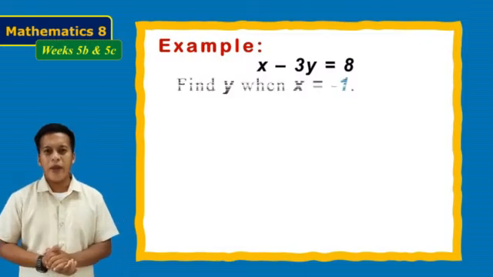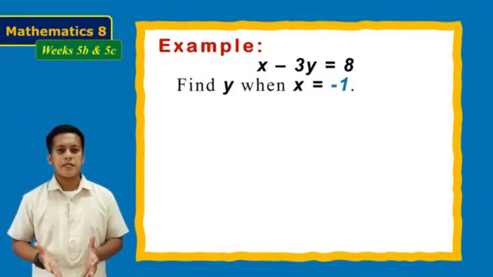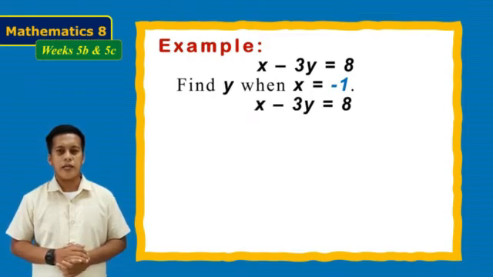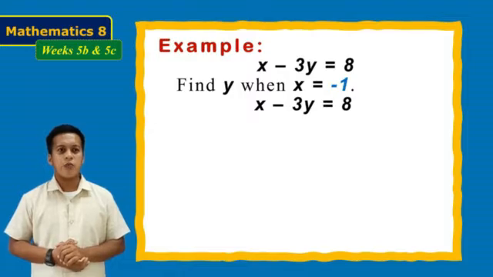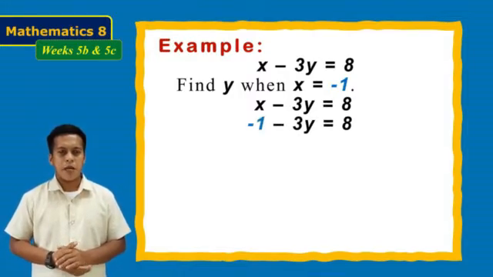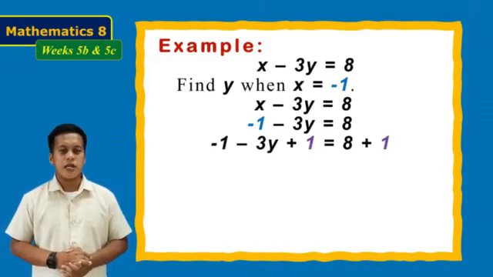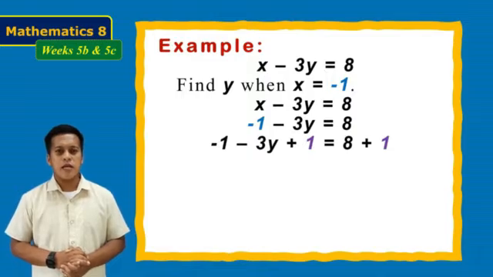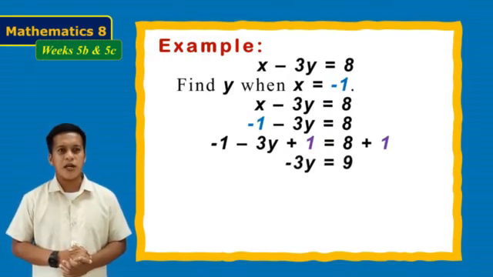Find y when x is equal to negative 1. x minus 3y equals 8. By substitution, negative 1 minus 3y equals 8. By APE, negative 1 minus 3y plus 1 equals 8 plus 1. Simplifying it, we have negative 3y equals 9.